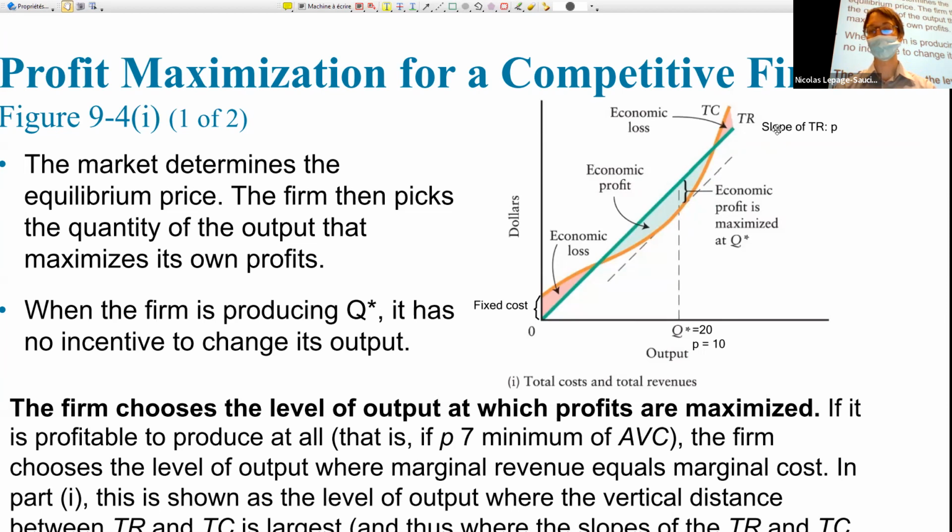So I just said the slope of the total revenue is price. What is the slope of the total cost? Yes, marginal cost, right?